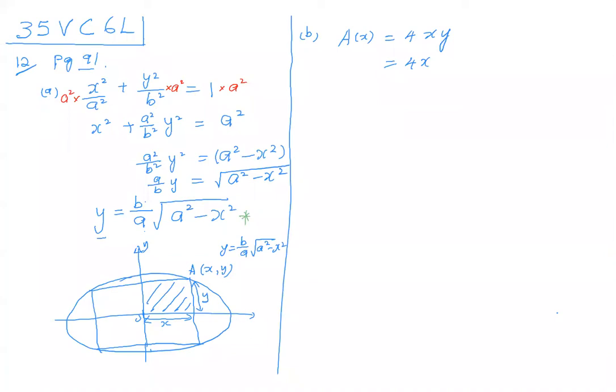So you have to replace y with x, that is b over a square root of a squared minus x squared. Clear? So that's how you get 4b over a x square root of a squared minus x squared.